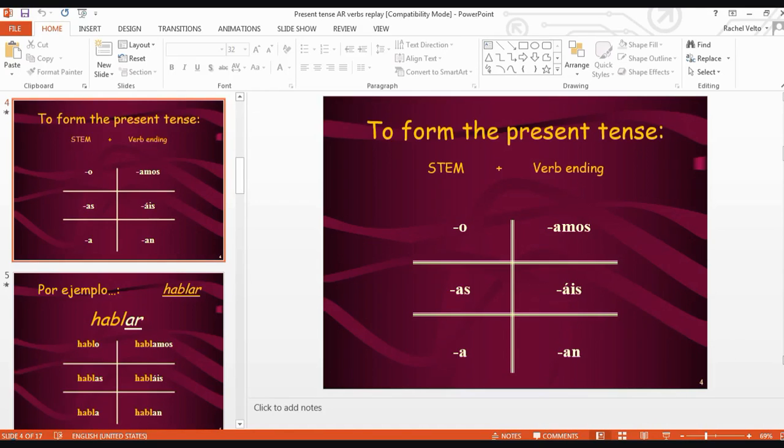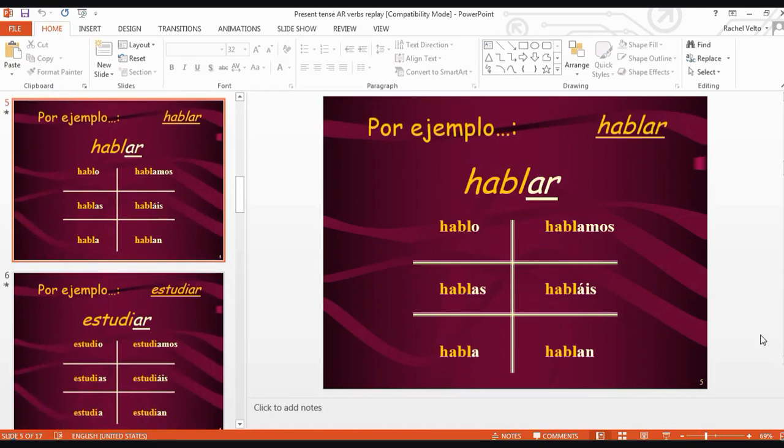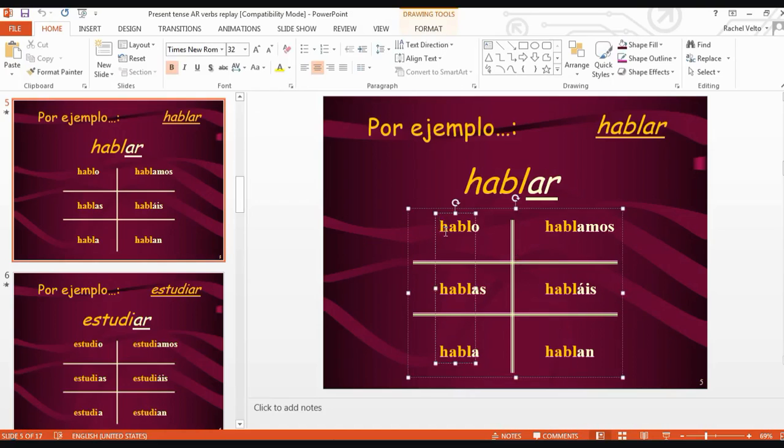So I want to show you what this actually looks like. Here's our first example, hablar. So this means to speak. If I want to make this I speak, the yo form, I remember telling you guys that we needed to make sure that we did review of where the pronouns go, which boxes. So this first box, the upper left-hand corner, is always the yo or I form.